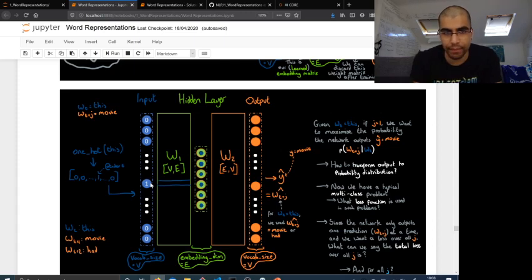These rows are like a vector for aardvark, a vector for "and", a vector for zebra, and this is our vector for "this".